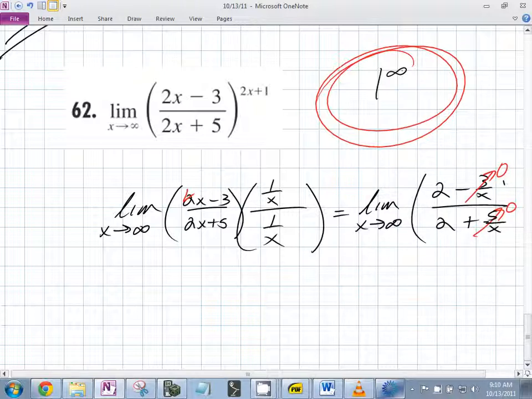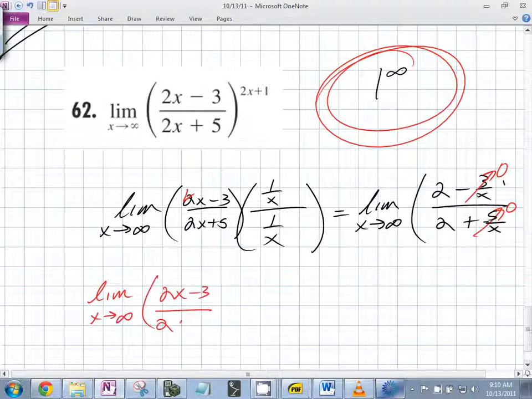Because less letters, and e is really cool. It doesn't explode, right? Generally speaking. So what are we going to do here? Write this out when you start this. We know that the limit as x goes to infinity, I'm writing the original question, you need to start with this so I know what you're starting with, of this is going to be equal to y. It equals something. What are we going to take of both sides? Natural log.